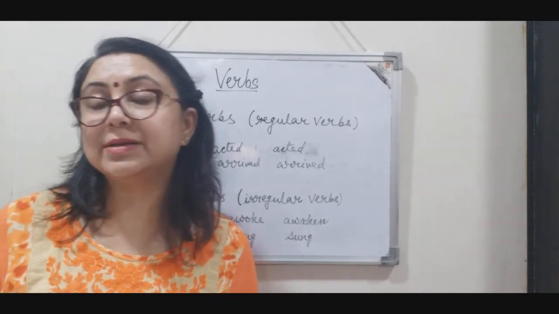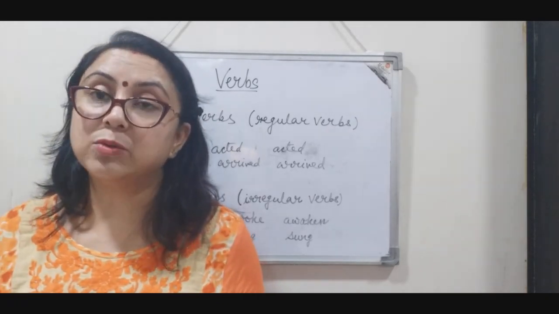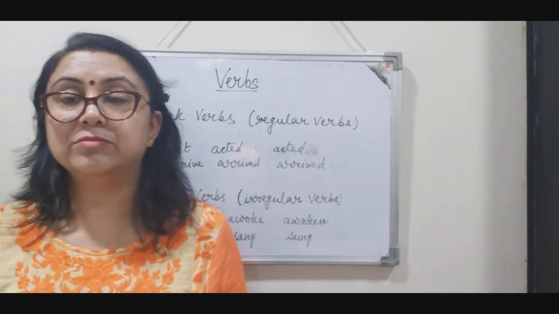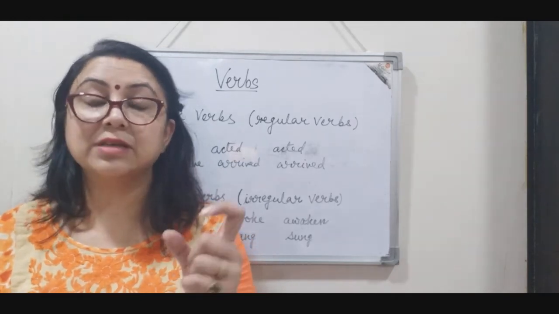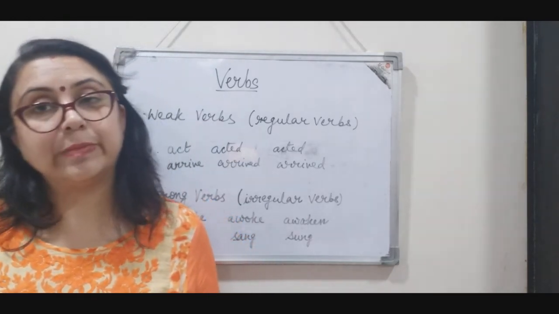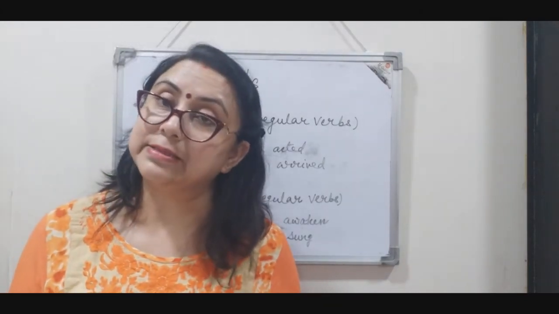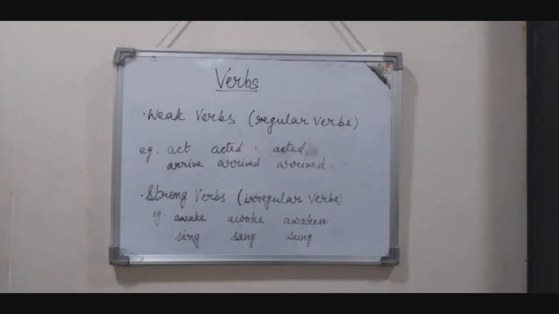I hope you understand the past and the past participle form. When we look at the word table, the first column is of the base form, that is present tense. Then the next column shows past tense, and the third column shows past participle form, right? So, let us first understand the weak verbs.